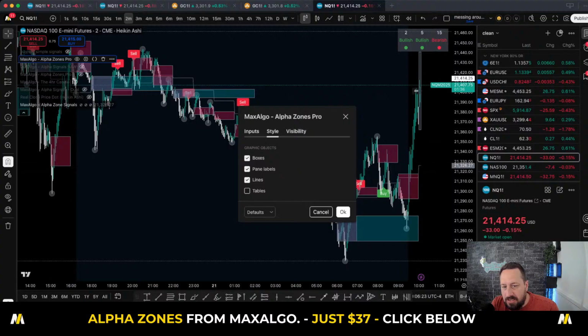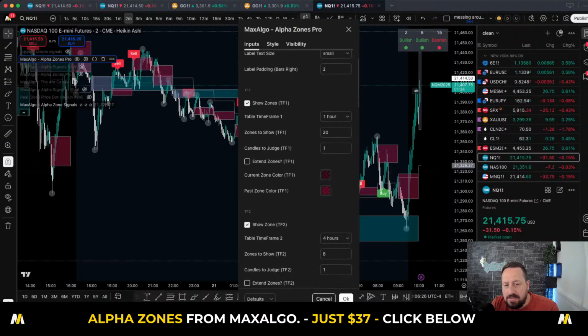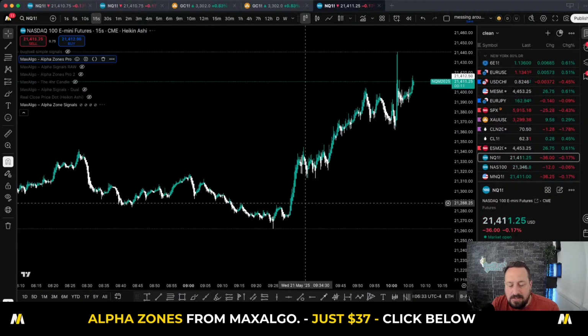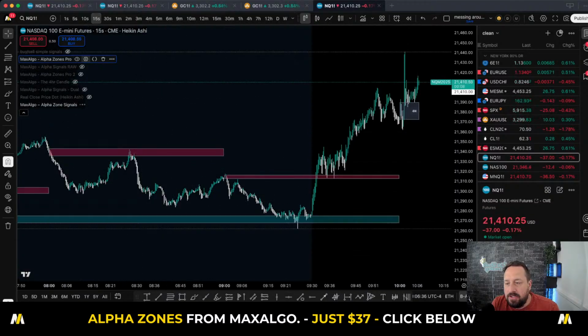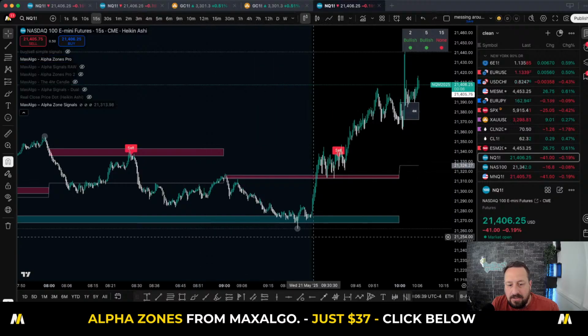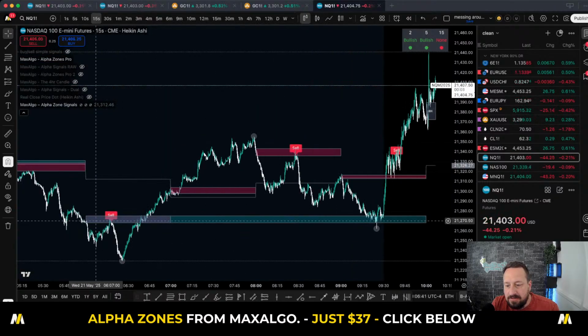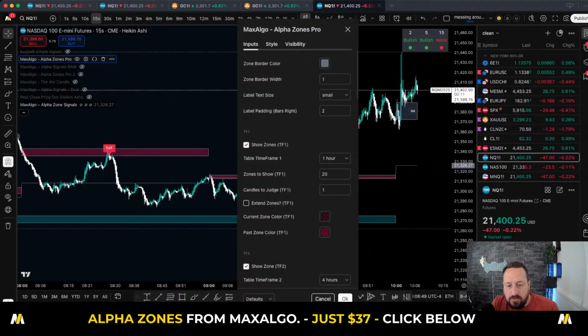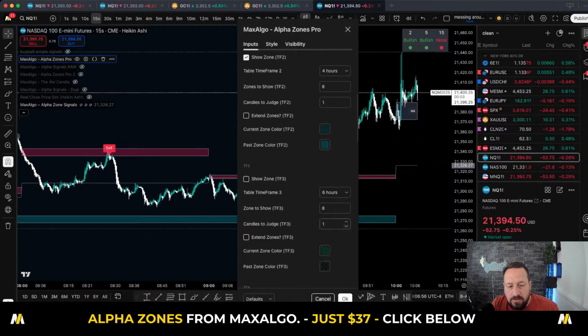So what's different in your alpha zones is candles to judge the time frame, right? So let's say, for example, I'm down on the 15-second and the 4 hour on the 15-second is, even though it's still pretty epic, picking up that particular zone, I could say, well, actually, because it's a 4 hour candle, I want to use 2 candles to use the zone, or on the 4 hour, I want to use 4 candles, right?